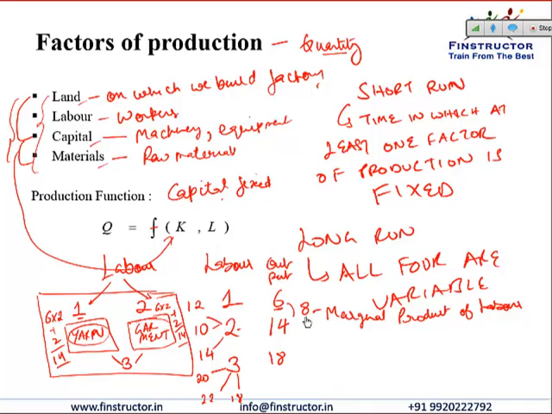So the marginal product was very high. But with the third laborer, there's not enough machines, there's not enough capital for him to work on. So he'll probably be sharing these two machines and trying to make his garments or his shirts. So his productivity is not as high as the second laborer.